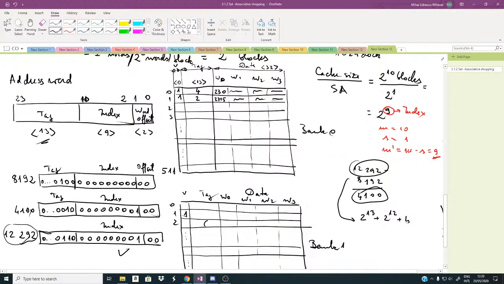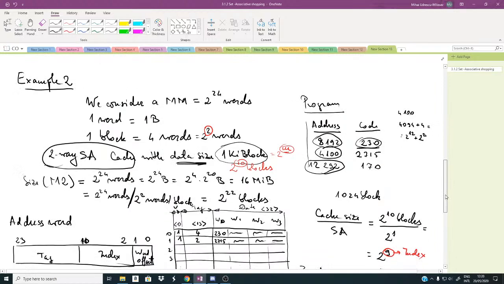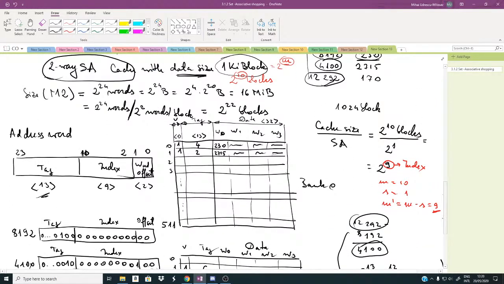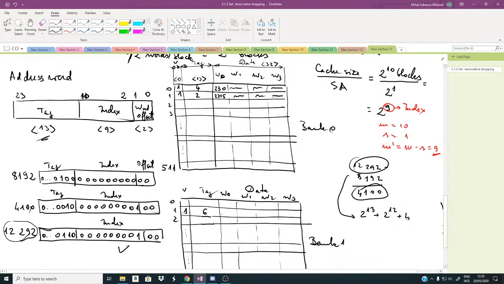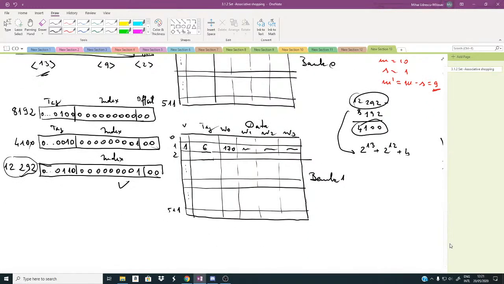The tag is 6. Oh, sorry, the tag is 6, just that I didn't put it where it belongs, here. And the contents of this block is 170 here, the hypothetical code 170, and whatever. It doesn't matter for our problem. So that's how it works.